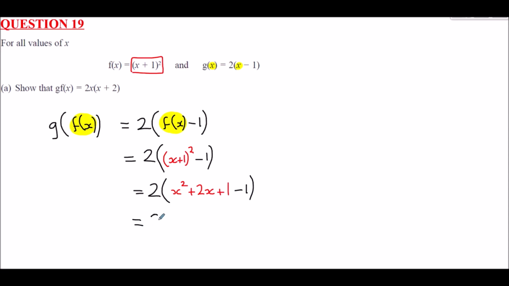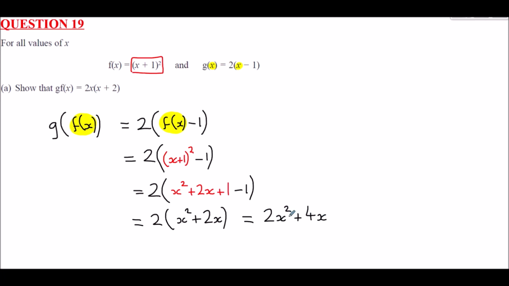So that gives us just 2 lots of x squared plus 2x. The plus 1 and the minus 1 cancel nicely. So if we now expand this out, 2 multiplied by x squared gives us 2x squared, and 2 multiplied by 2x gives us 4x. But now we can refactorise this.